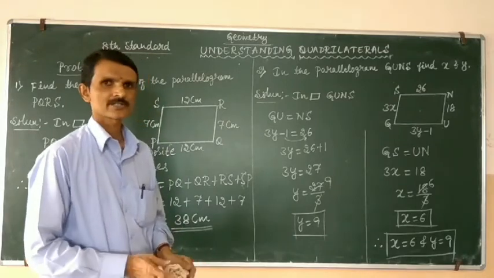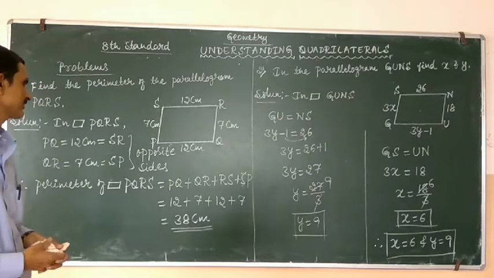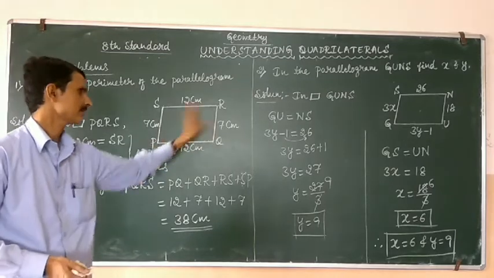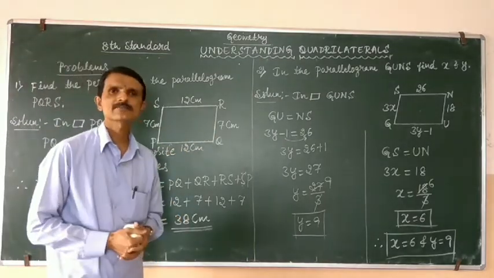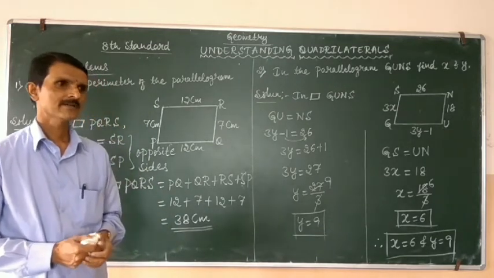So I think students, you have understood how to find the adjacent sides of a parallelogram by using the first property, that opposite sides are equal and parallel.